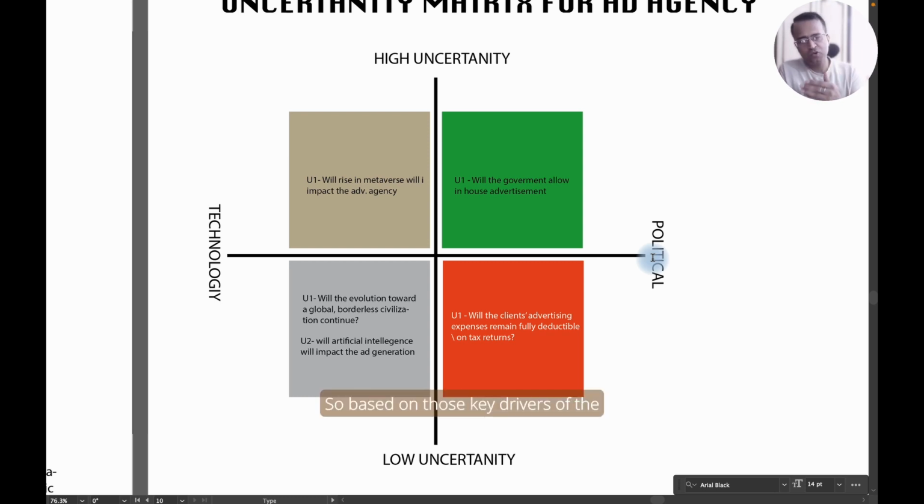So based on those key drivers of the change, the technology, you may look to find the important ideas, important news connected to this particular technology sector. So for example, in the technology sector, there is a rise of the metaverse.